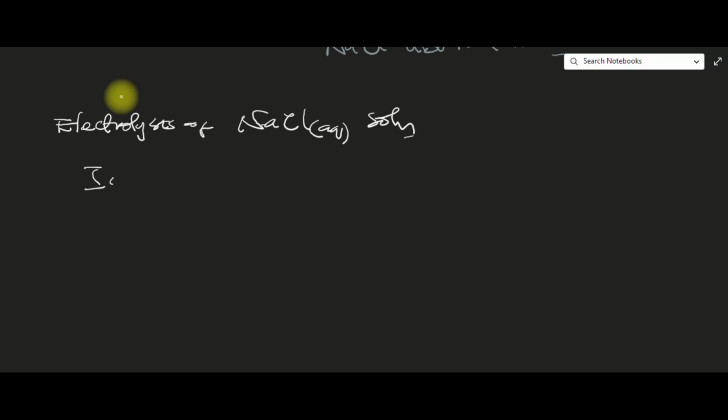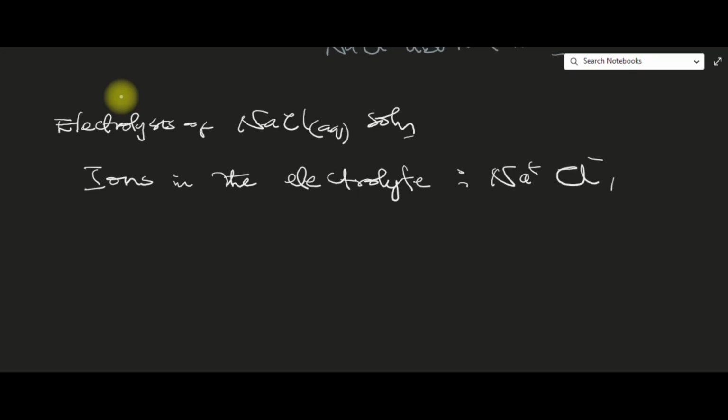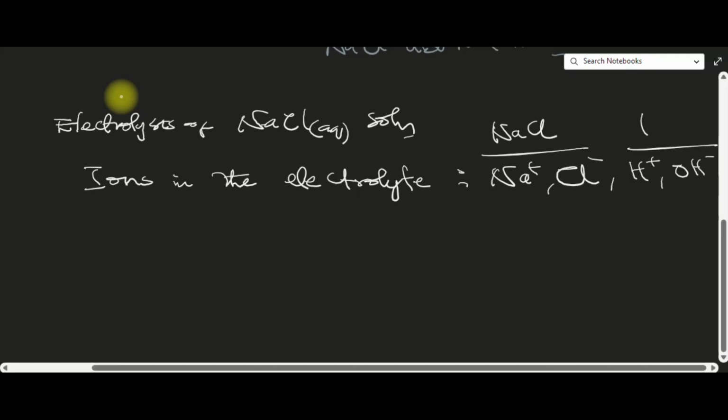The ions in the electrolyte are going to be Na+, Cl-, H+, and OH-. Remember, Na+ and Cl- are from sodium chloride, and H+ and OH- are from water.